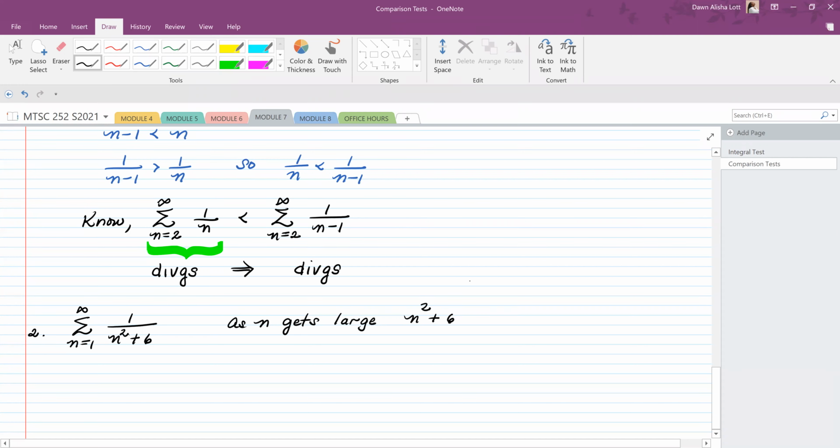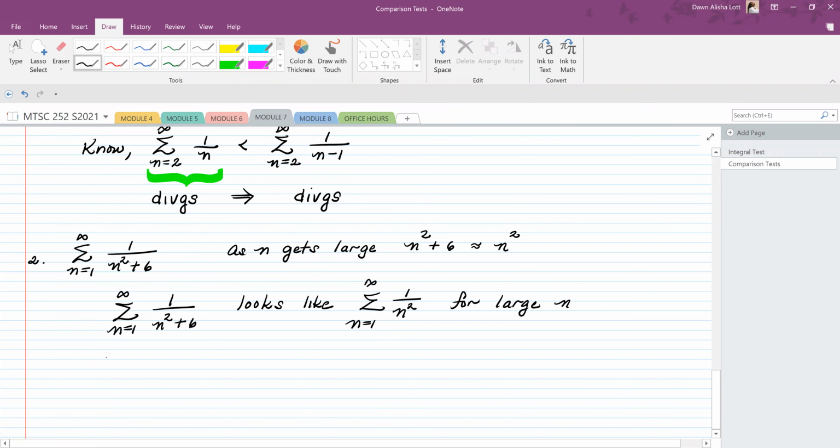So this is the series I'm going to compare it to. Now, n squared plus 6 is bigger than n squared. So therefore 1 over n squared plus 6 is less than 1 over n squared. So now I can identify that this is going to be my a_n and this is going to be my b_n.